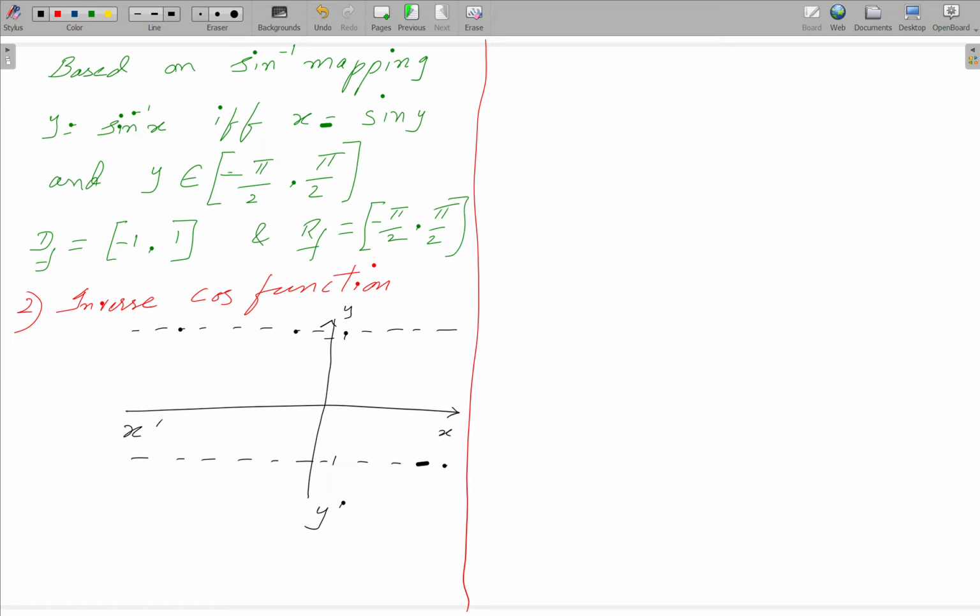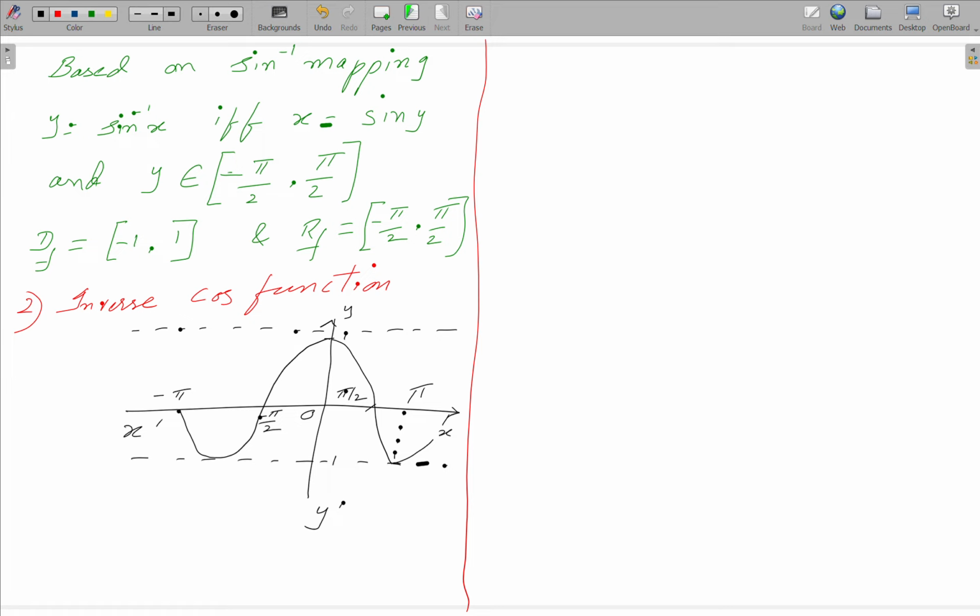Now this is pi, this is pi by 2, and here 0, minus pi by 2 and minus pi.